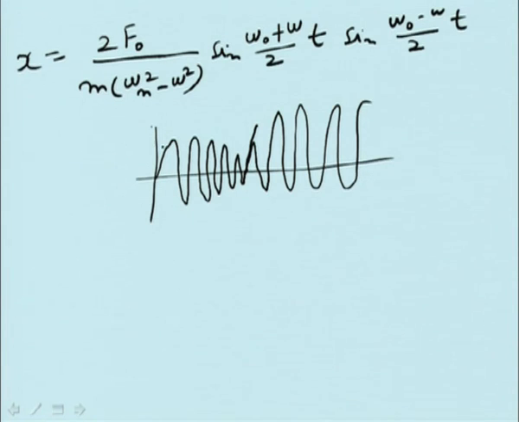Because omega n minus omega is very small, this time period will be very large and we will get the phenomenon of beats. So here we will be getting the beats type of thing. So this is about this thing.